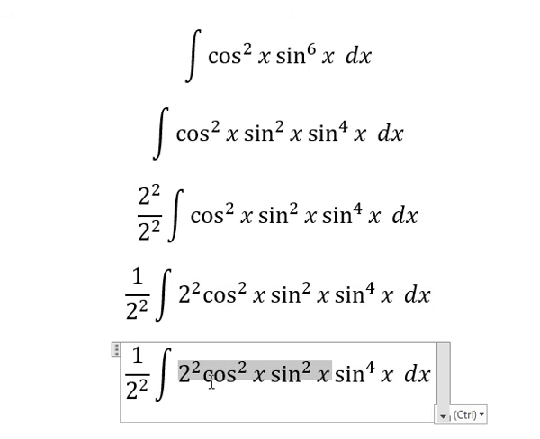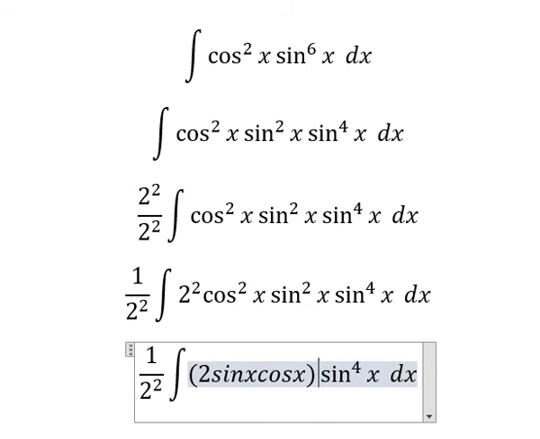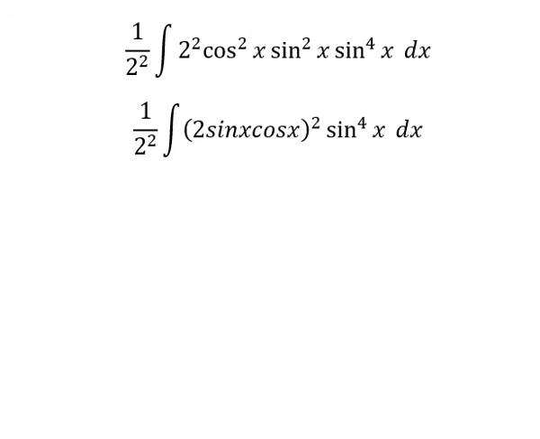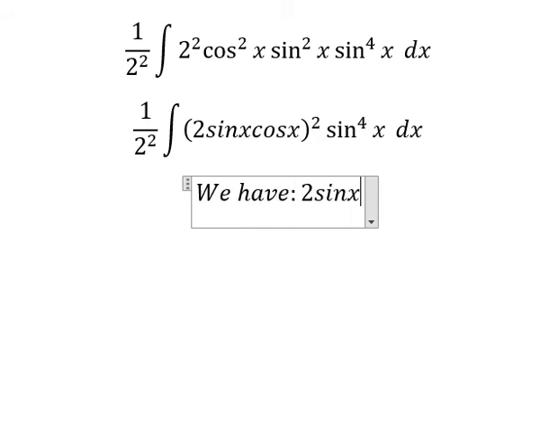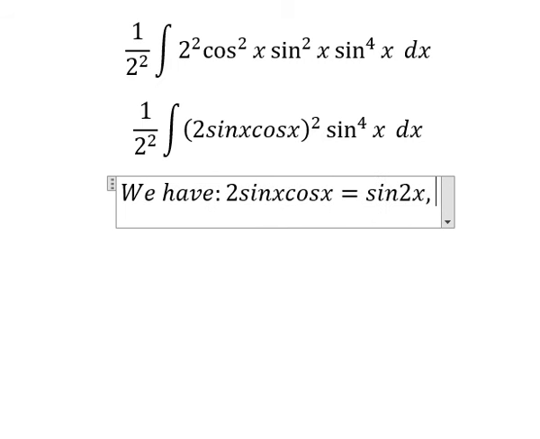So this one in here, we change for (2 sin s cosine s) to the power of 2. So we have the formula in here: 2 sin s cosine s, we change for sin 2s.